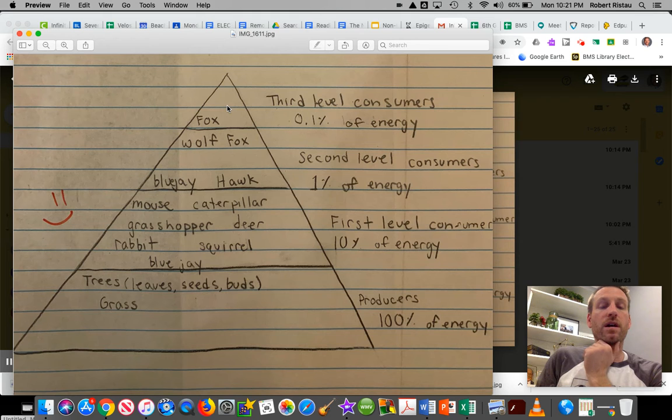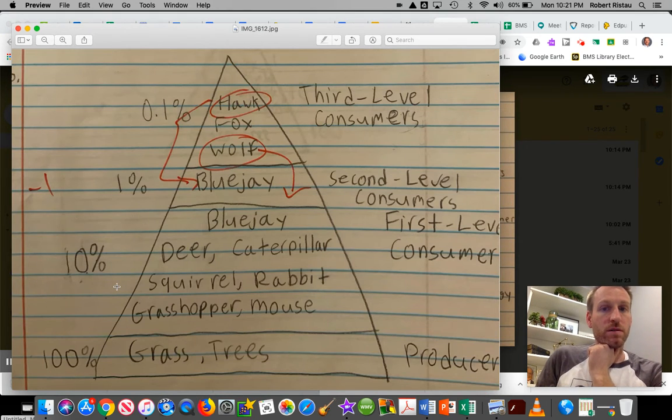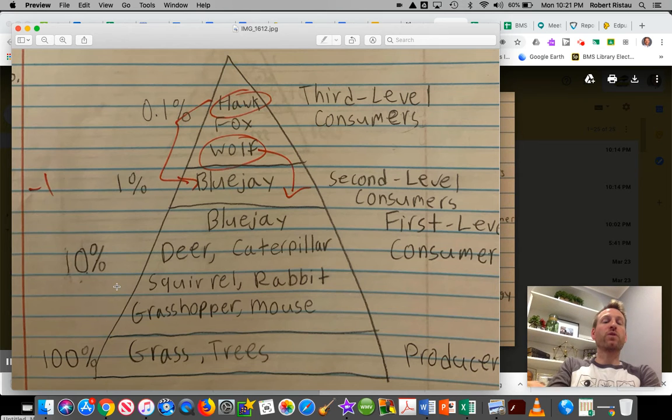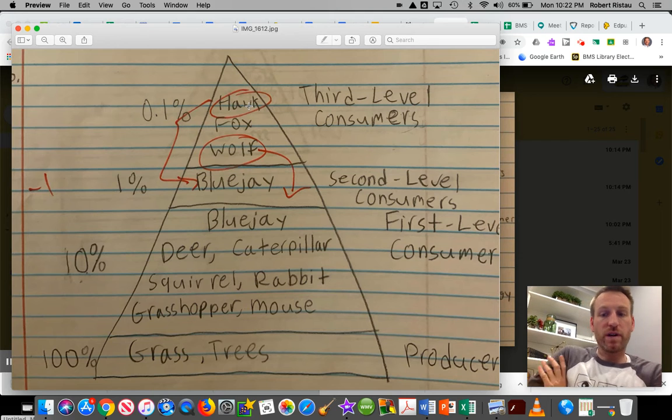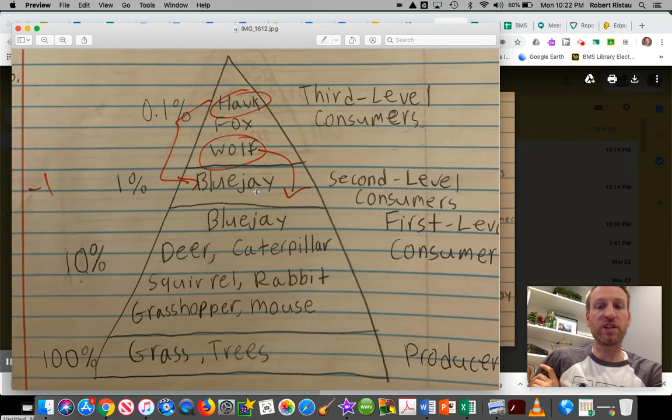One common mistake I do want to show here with another one is here, where it was really close, that you had a third level, but you had all 3 of these other organisms in the third level, and that's not correct either. So what ends up happening here is that the Blue Jay isn't the only second level consumer.